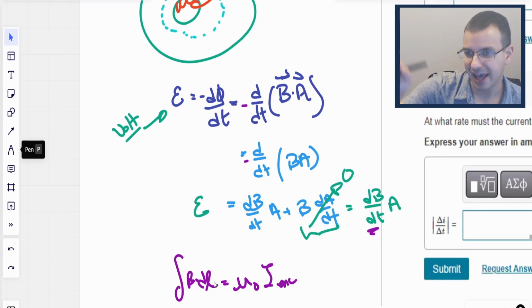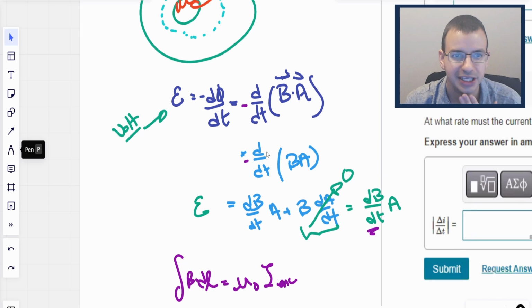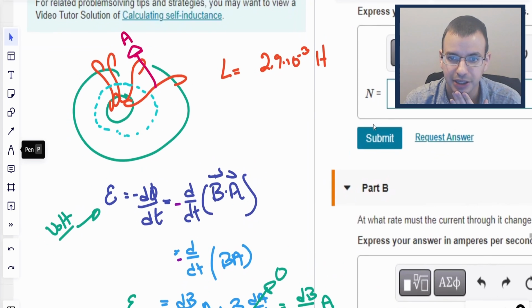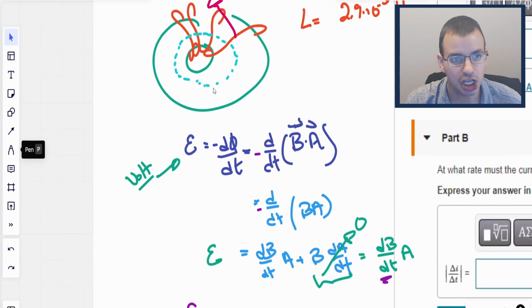That's the path we're integrating along. It's a closed path, and the I enclosed is going to be the current from each of these wires. The number of wires is N, because we're just going to say N number of loops. So N times current is how much enclosed current we're going to have going through this loop here.